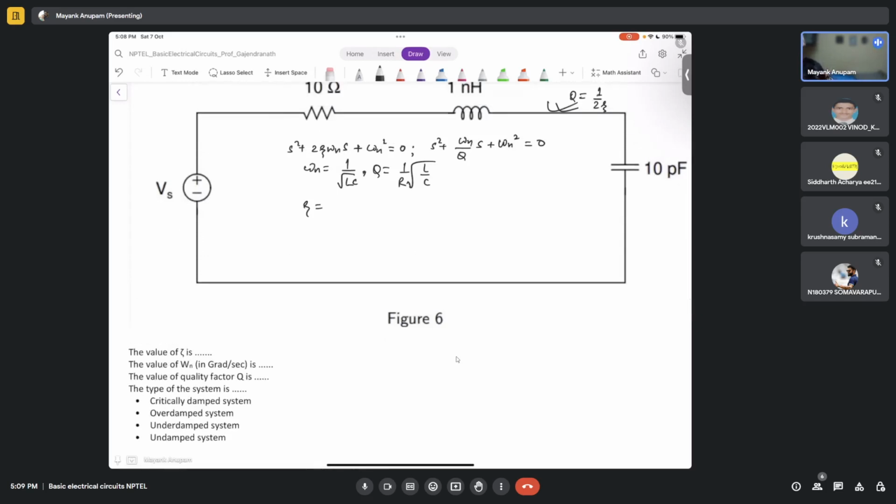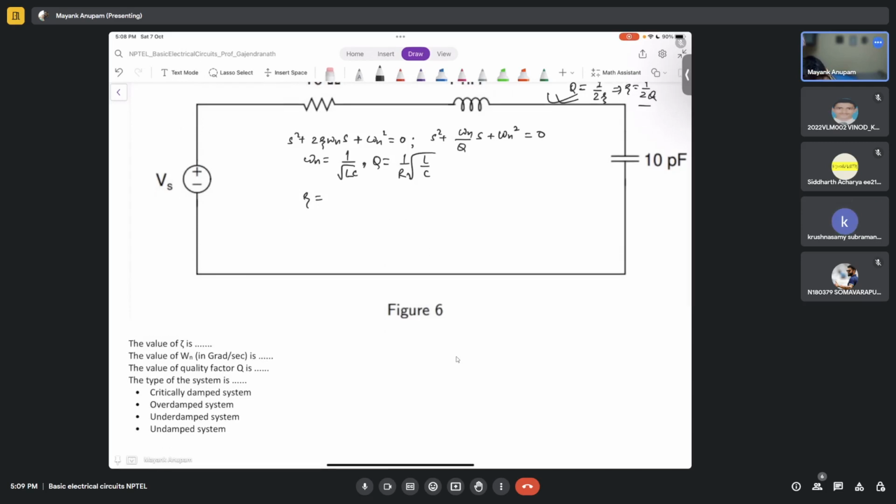Yeah, 1 over 2Q. So what is that? 1 over 2 into R into root of C upon L, right?